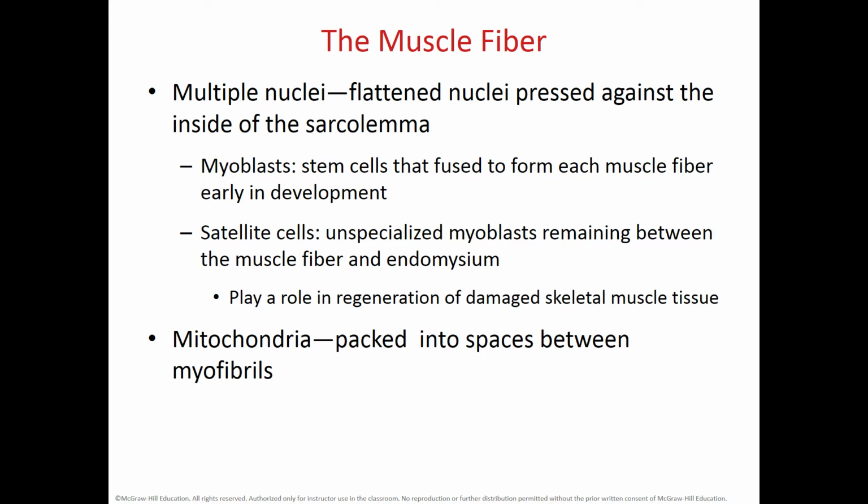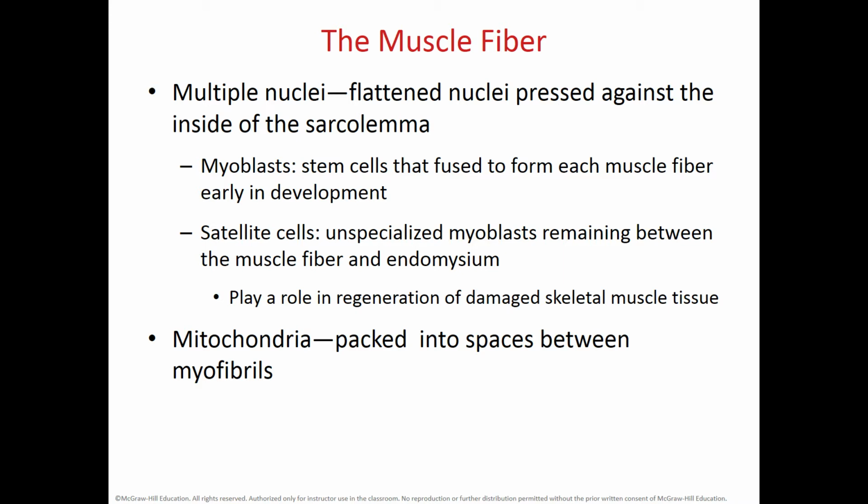And then during development, these individual myoblasts merge and form a single muscle fiber, and that's why the muscle fibers end up with multiple nuclei. Some myoblasts don't fuse, and they form individual and specialized cells that are called satellite cells, which are important whenever the muscles get damaged, and they help to repair the muscle fibers.